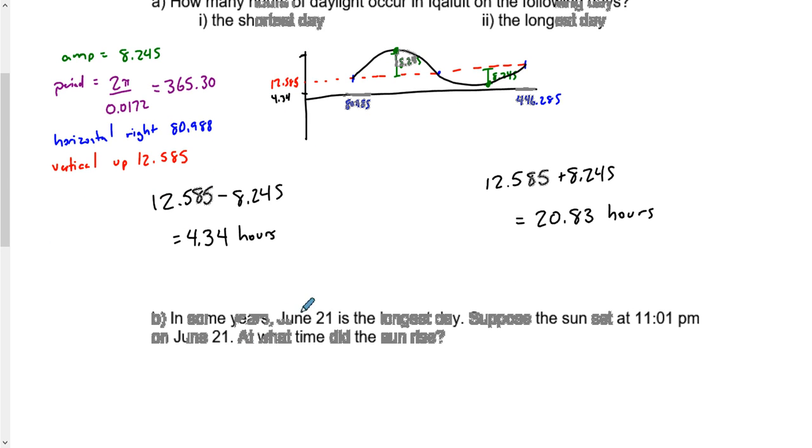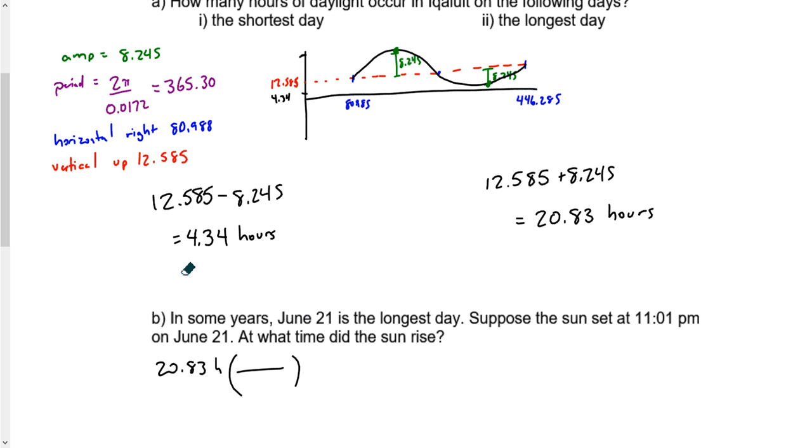In some years, June 21st is the longest day. If we suppose that the sun set at 11:01 p.m., what time did it rise? Well, it would have risen 20.83 hours before 11:01. So that's hours. Let's do some conversions to get that into some minutes.